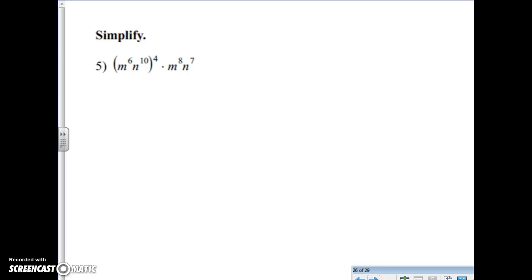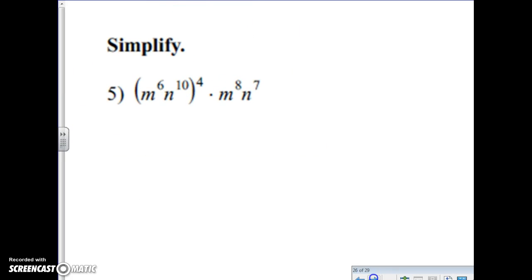So let's get something more complicated, in which I'm taking two things multiplying together. So the first thing I got to do is take the product to the power. So I got to take m to the 6th to the 4th, then I got to take n to the 10th to the 4th. So applying this property, I'm taking m to the 6 times 4 power, which is m to the 24th power.